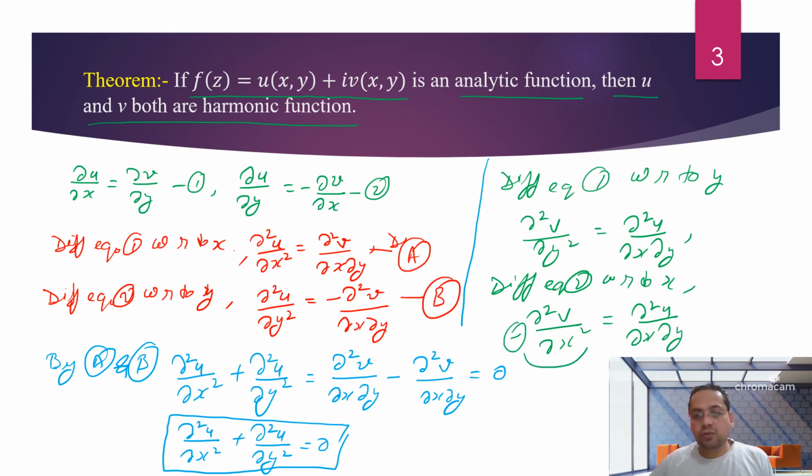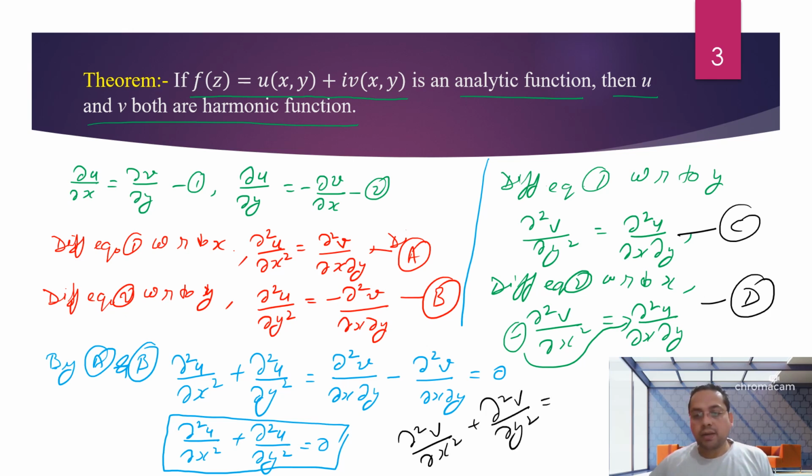Taking this minus to the right side and adding both equations, equation C and equation D, we have del square v by del x square plus del square v by del y square is equal to 0. That means function v is also a harmonic function.